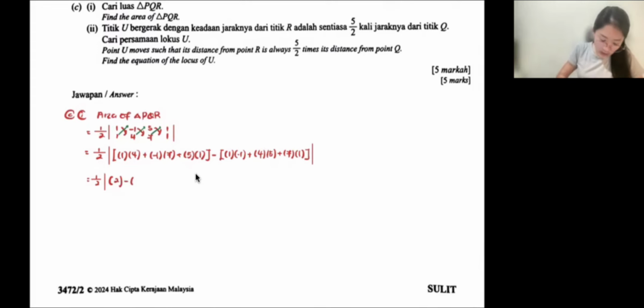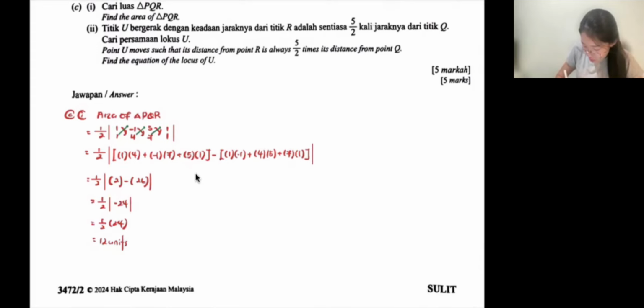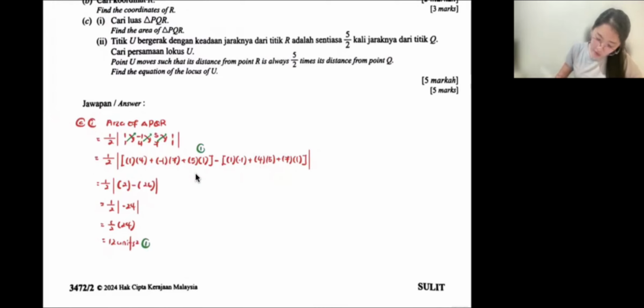Then behind, negative 1 plus 20 plus 7, so 26. Therefore in your modulus, you have negative 24. After modulus it becomes positive, divide by 2, this is 12 units squared. Yes, 12 units squared. Here, they will give you 2 marks, 1 mark on the shoelace method, 1 mark on the final answer.